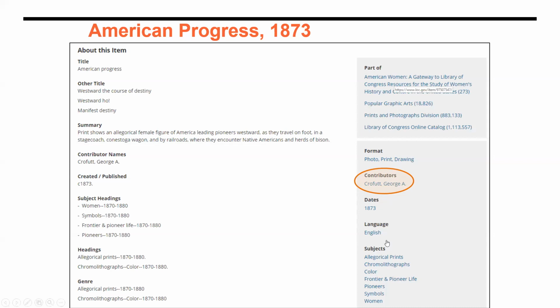If you click on language English, you're going to get a lot more, and that may not be desirable, but things like Frontier and Pioneer Life, if after using American Progress you want to explore related items, might be really useful for finding more items.